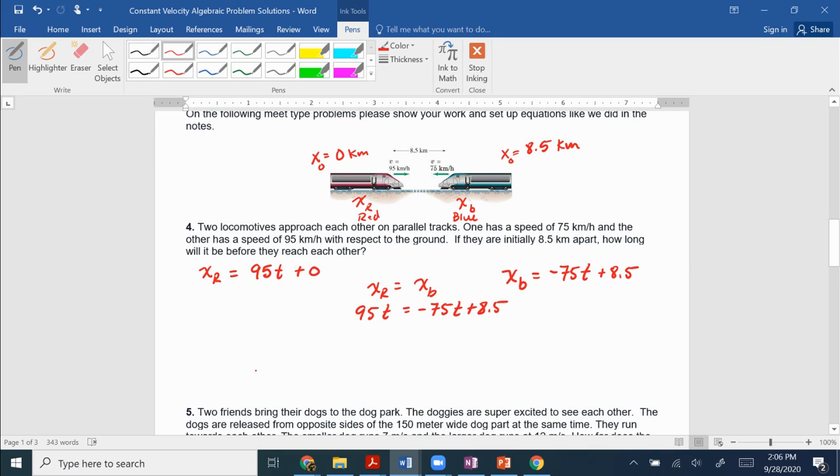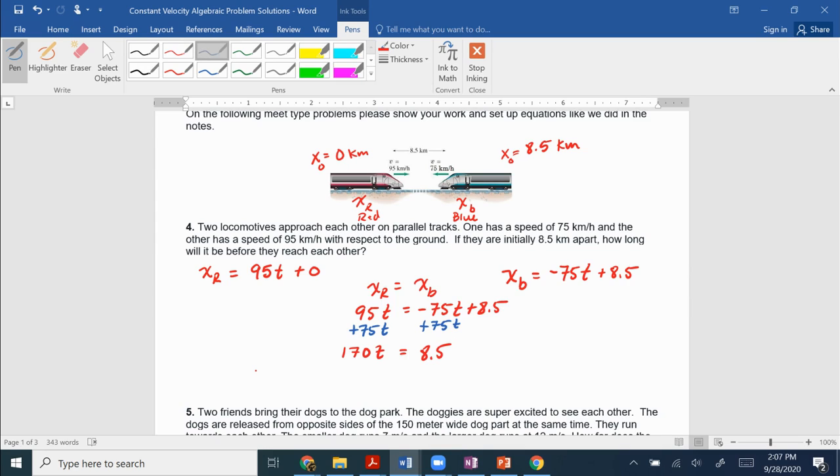I'm going to add 75t to both sides. So 95 plus 75 is going to give us 170t is equal to 8.5.